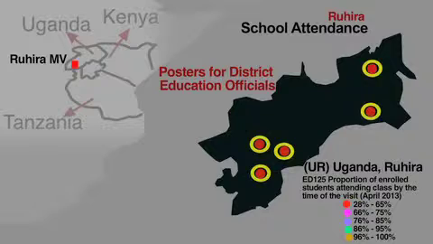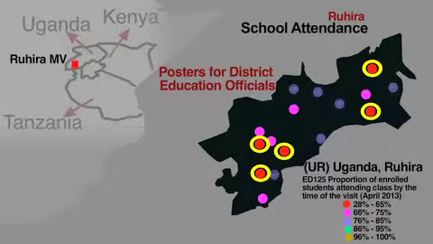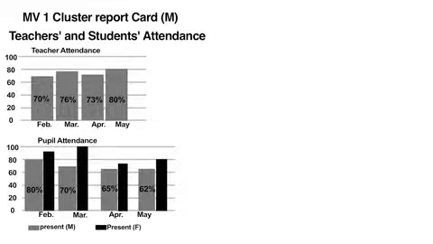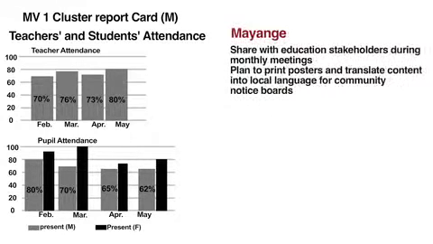For example, in our site in Uganda, the school inspectors have been able to use the report cards to understand which are the low performing schools and how we can improve the interventions in those particular schools. In Mayanje in Rwanda, we've been able to provide this report card to all the stakeholders, including other NGOs that are involved in decision making in the schools in that particular area.